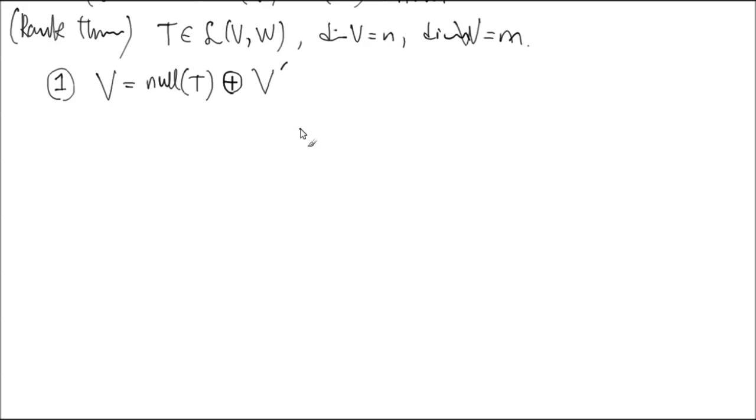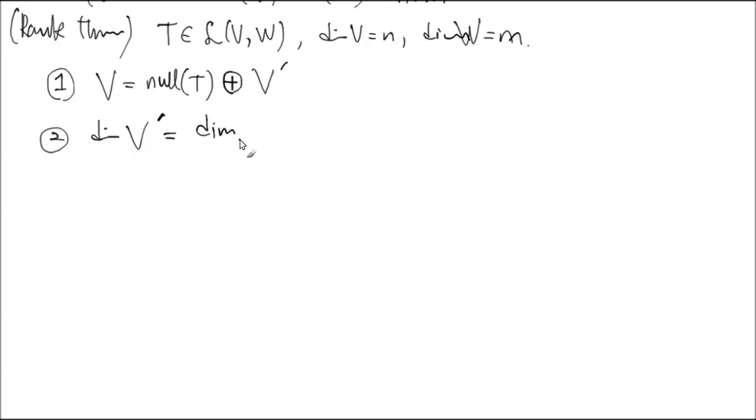Is this true? Okay. The next thing is the dimension of this V prime. Can somebody imagine, the dimension of this V prime is equal to the dimension of something? That's true, but there's a better name.